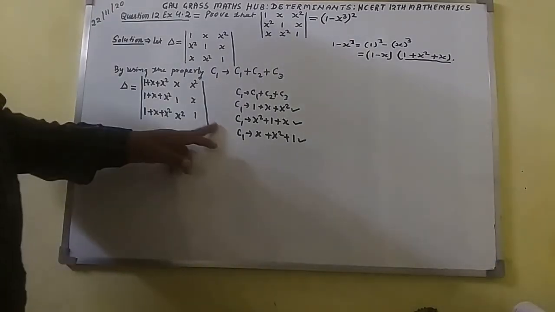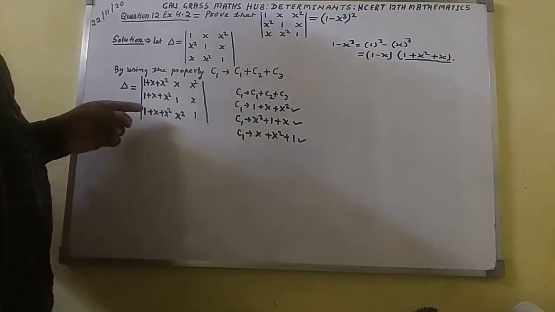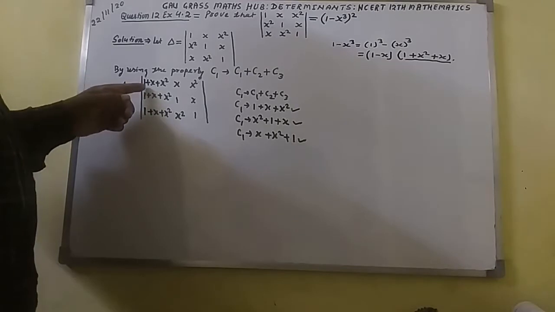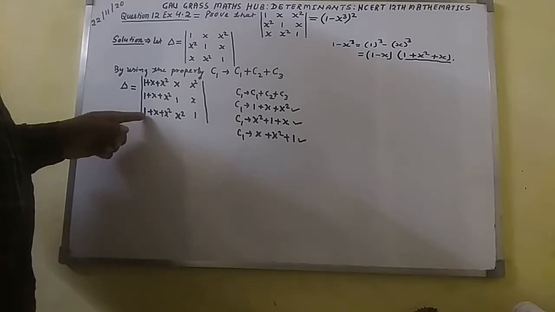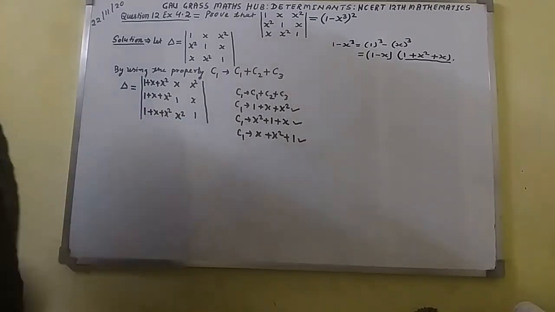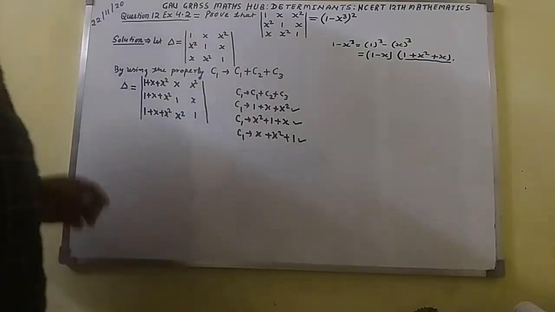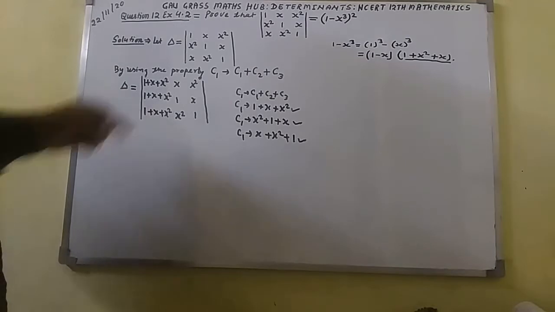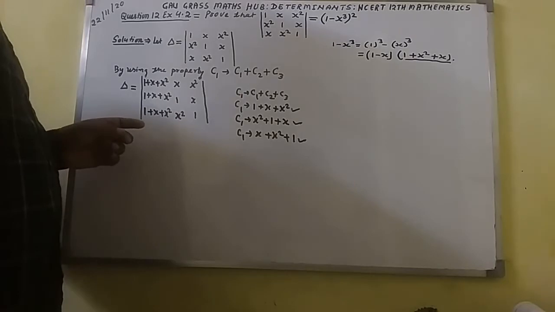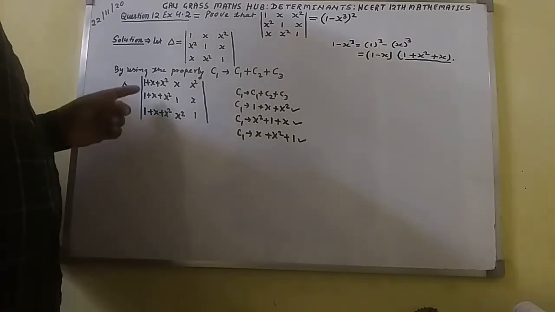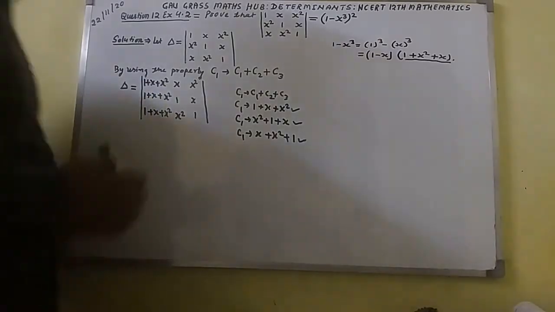Here you can see in the new determinant formed here, the elements of first column are the same: 1 plus x plus x square, 1 plus x plus x square, 1 plus x plus x square. Then you can easily take common 1 plus x plus x square from first column.